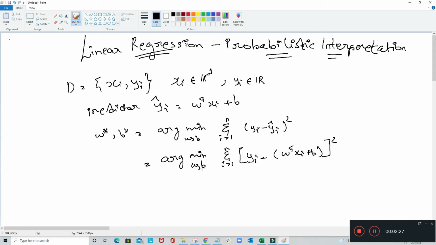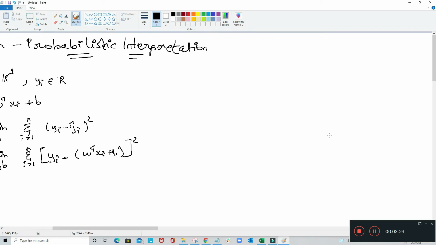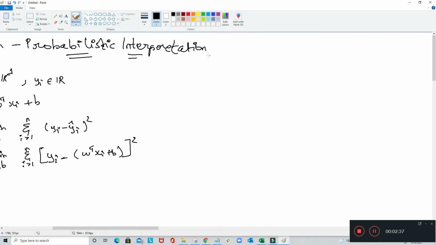This is the sum of squared errors. Essentially, if my data points are in two dimensions like this, it tries to find a best fit line which is as close as possible to the data points.